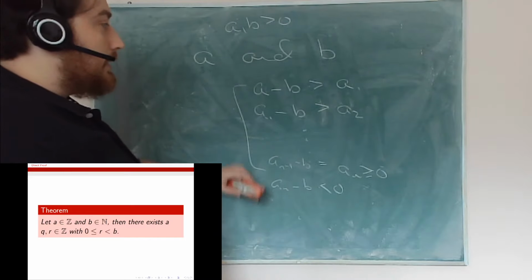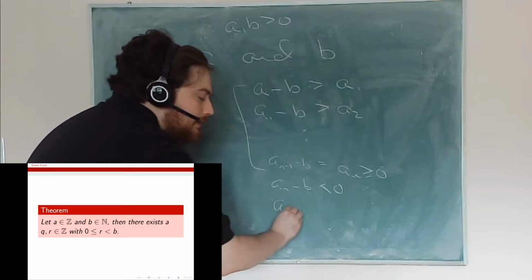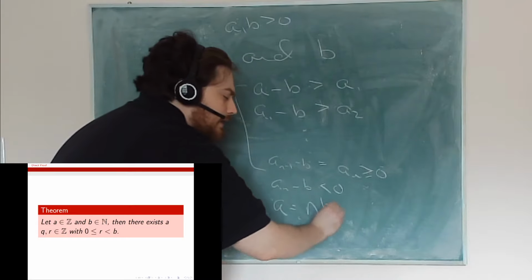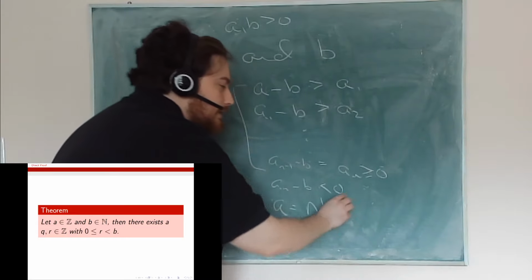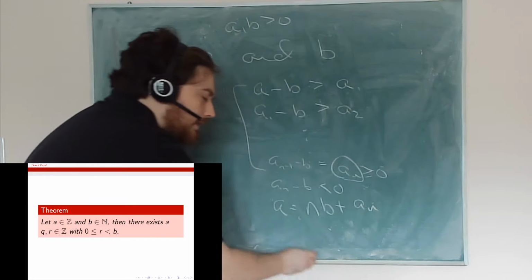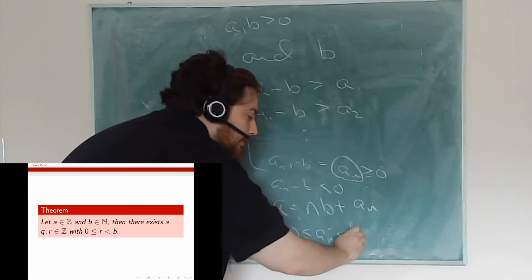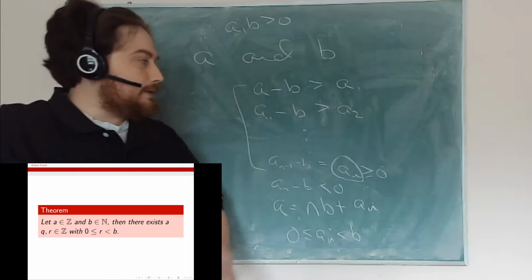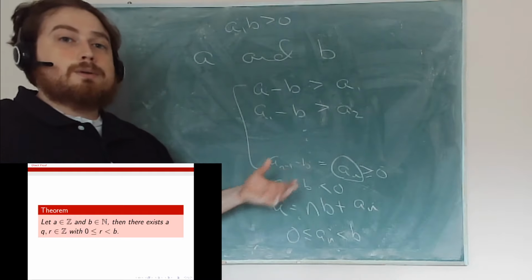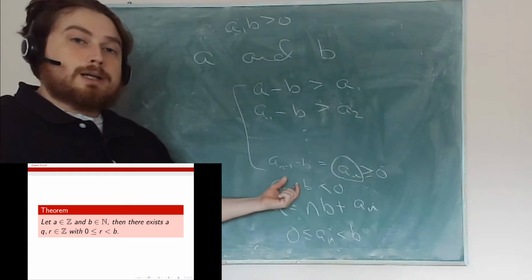So if this is the terminating point, I would say a is equal to n times b plus my a sub n here. And we know that 0 is less than or equal to a sub n is less than b. And so this is the division algorithm. If we want to divide a by b, we subtract however many times we can. We count those up.